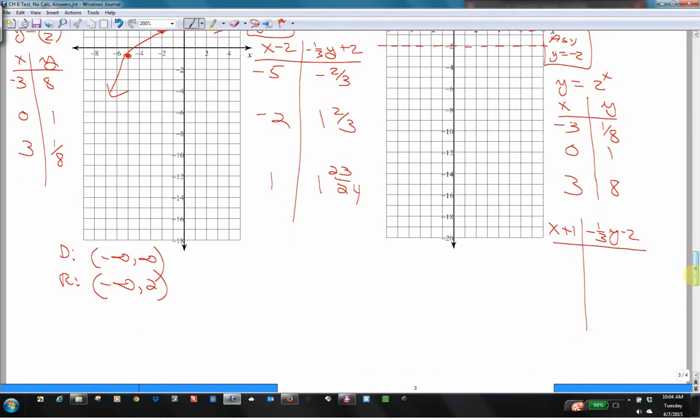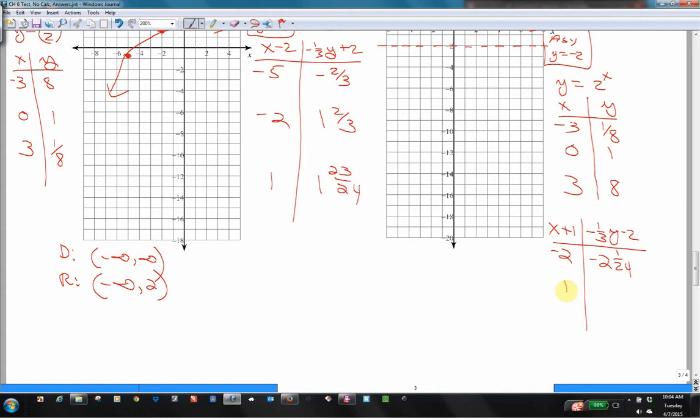So let's see. I have -3 plus 1, it'd be -2. I'm going to have -1/3 times 1/8. That's -1/24 minus 2. That's -2 and 1/24. Putting 0 in, I got 0 plus 1 is 1.